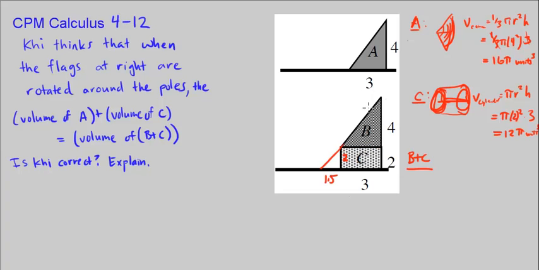Okay, so if we looked at the whole cone rotated around, the volume of the entire cone is equal to 1/2 times pi r squared h. The radius is now this whole base, so it's 4 plus 2, 6 squared.